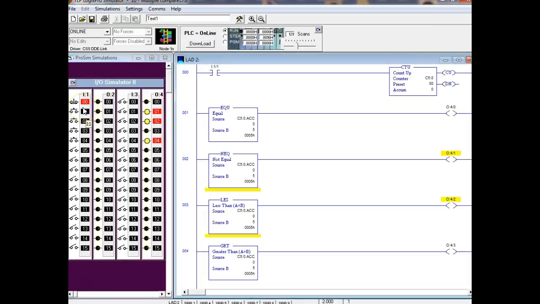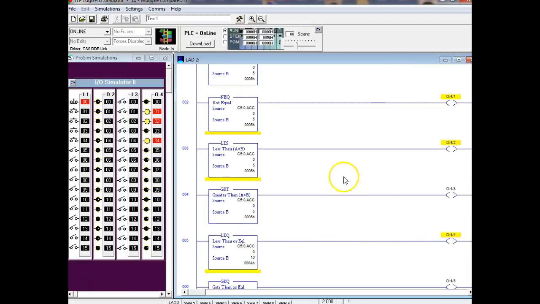Okay, so right now what do we have in our counter? 0. Is it equal to 5? No. Is it not equal to 5? Yes. Is it less than 5? Yes. Is it greater than 5? Is it less than or equal to 10? Yes.